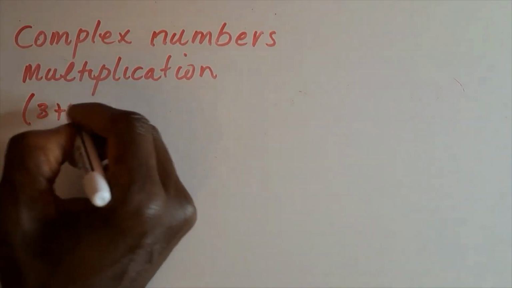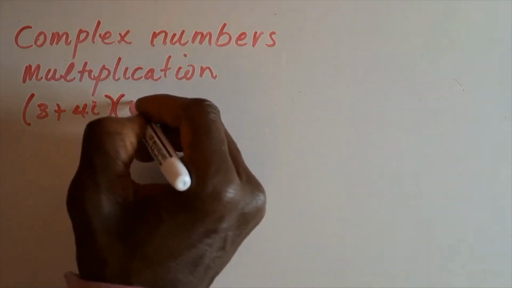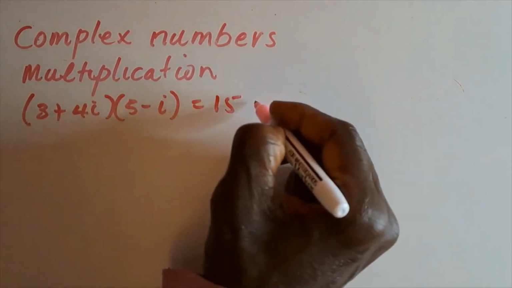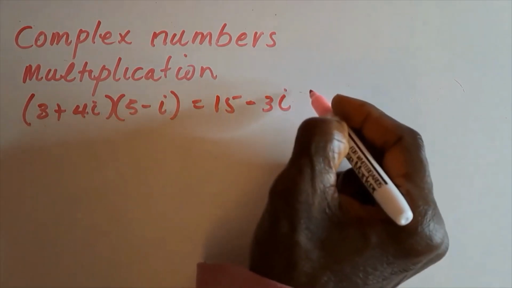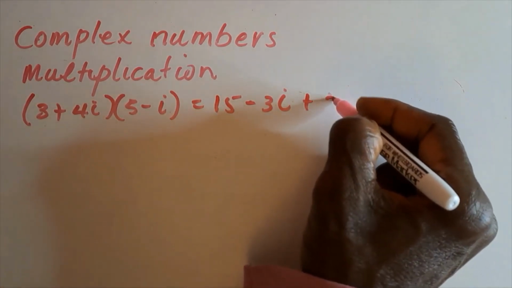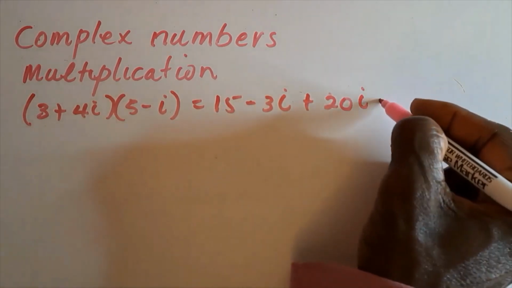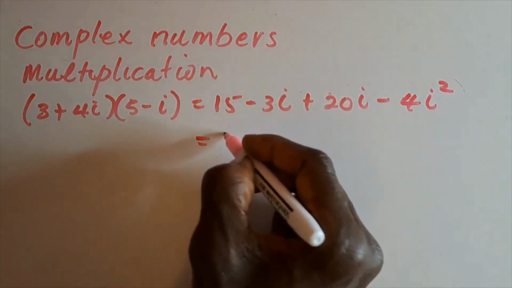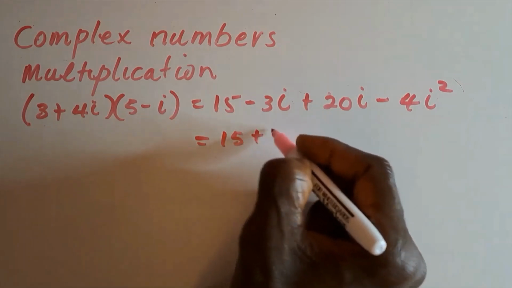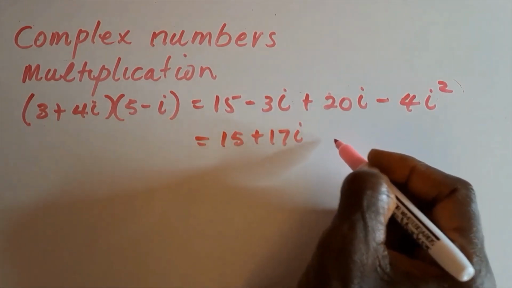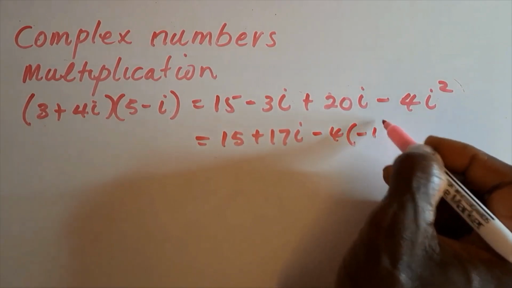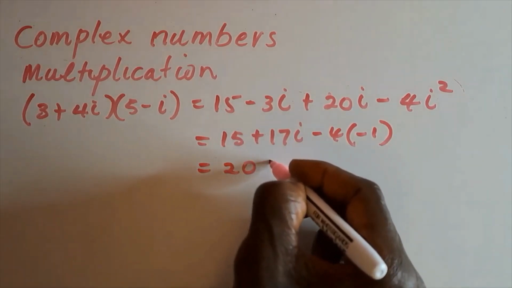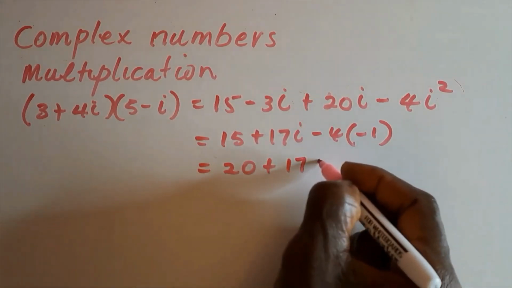Here's an example: (3 + 4i)(5 - i) gives us 3 times 5 is 15, minus 3i, add 20i, minus 4i squared, which gives us 15 add 17i, and this is minus 4 times minus 1, because i squared is -1, which gives us 20 add 17i.